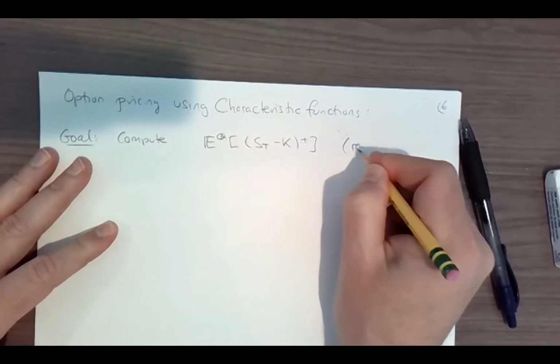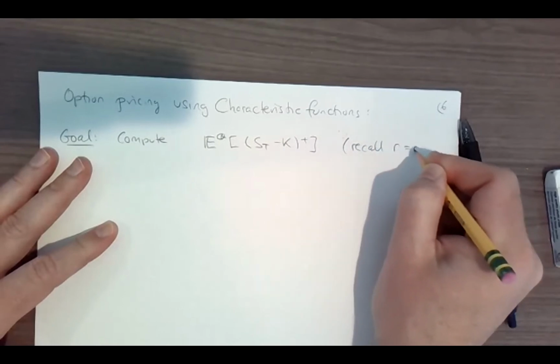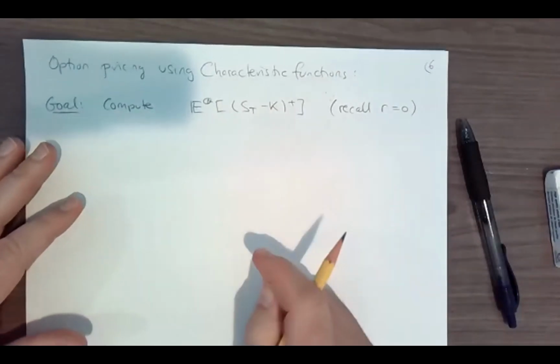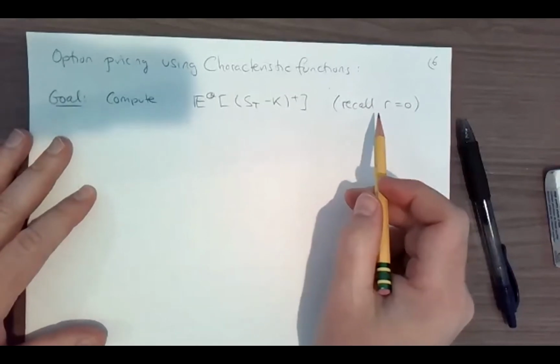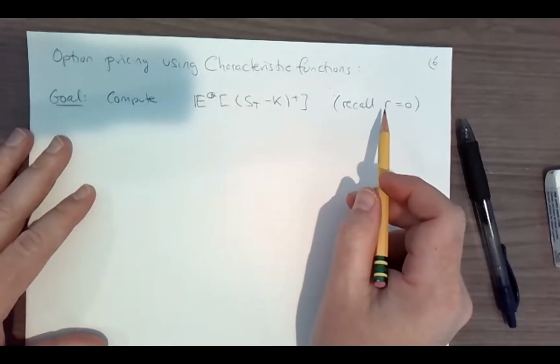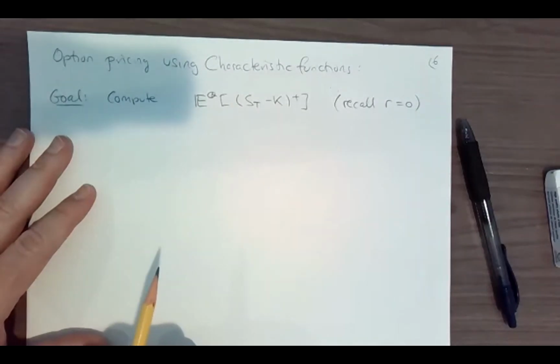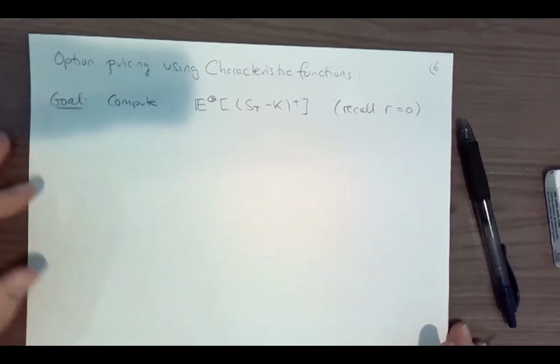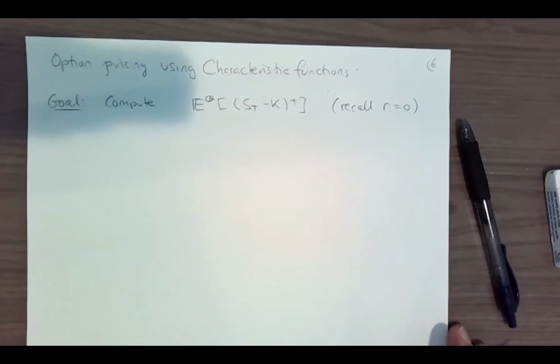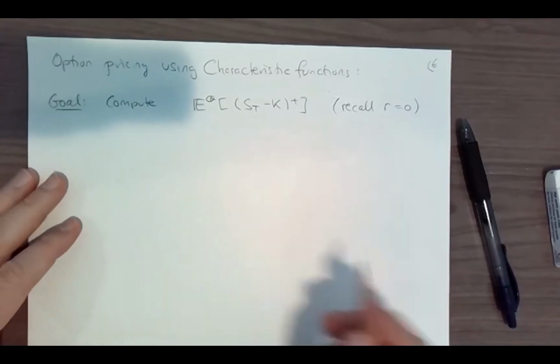We recall here that r is equal to 0. If you want to compute it with a non-zero r, you just put that factor out here. Okay, so that's our goal.